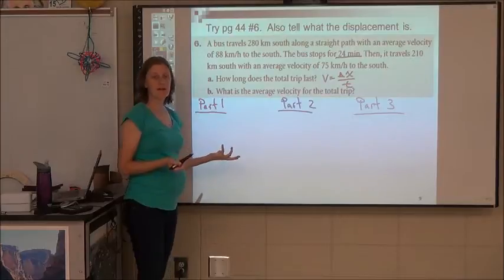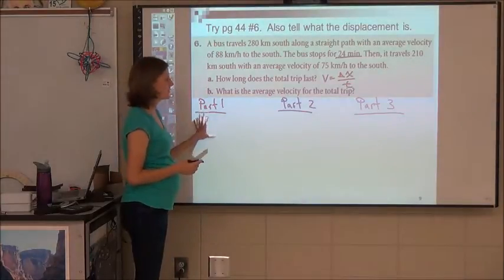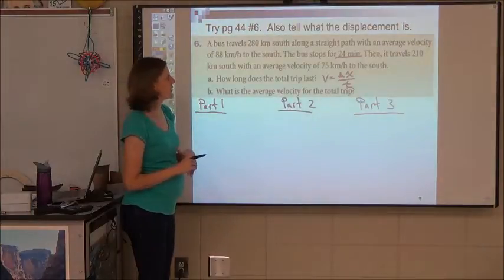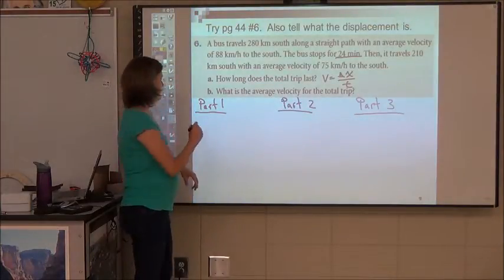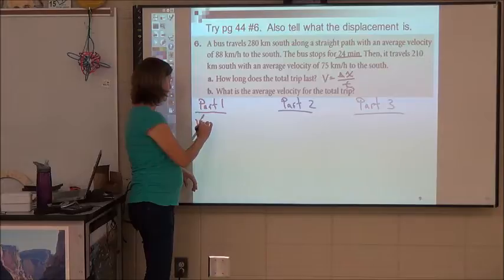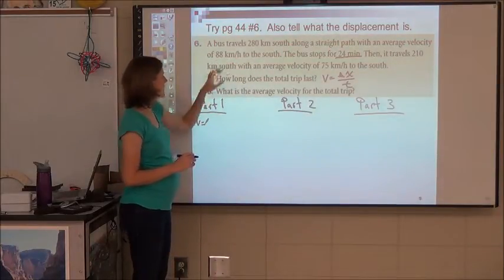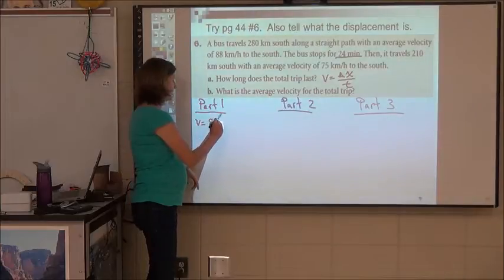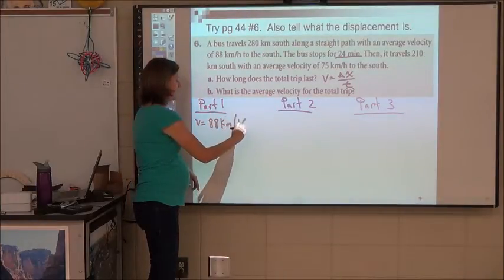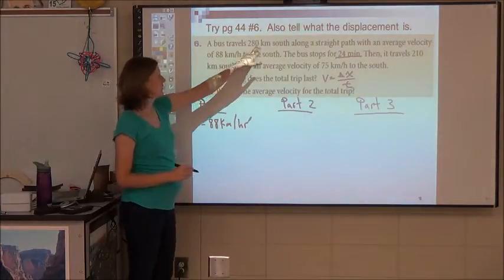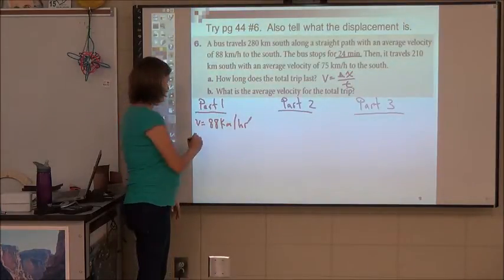I usually like to write down the given info in a little list. Helps me keep all my terms straight, whatever I'm trying to solve for. So in part 1, the average velocity is 88 kilometers per hour. The displacement there says 280 kilometers south.